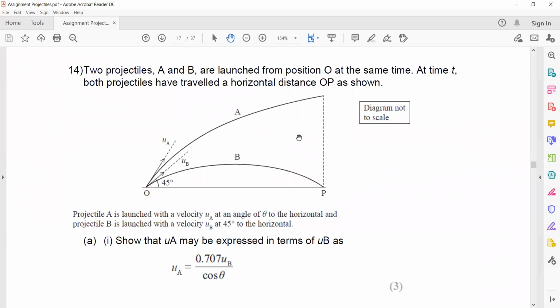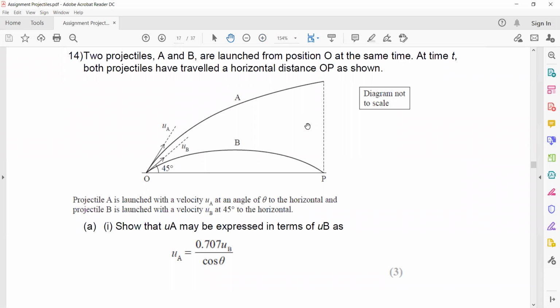Two projectiles are launched from position O at the same time, and both projectiles have traveled the same horizontal distance. Projectile A is launched with a velocity UA at an angle of theta, and projectile B is launched with a velocity UB at 45 degrees.